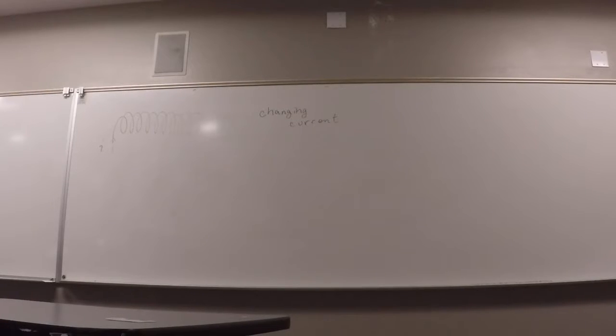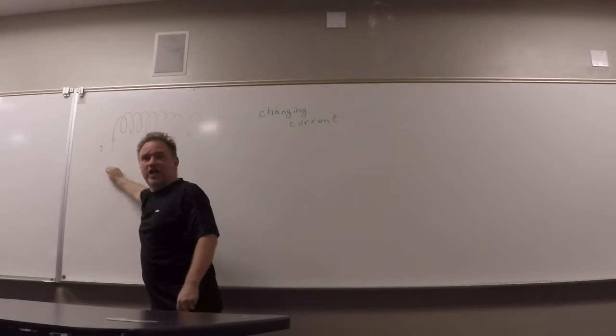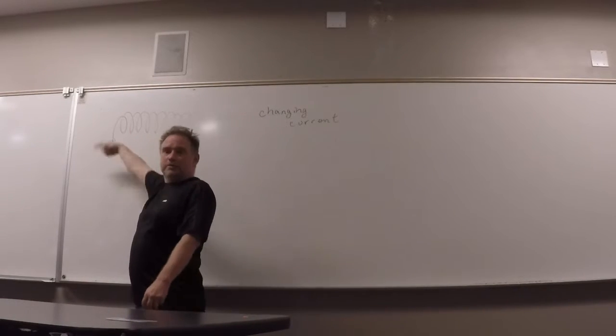The loop will respond. The loop will respond by fighting the change in the current. So because I've done this, the loop's going to respond. So even if it's just one coil, if I go to change that current, that loop's going to respond in kind.